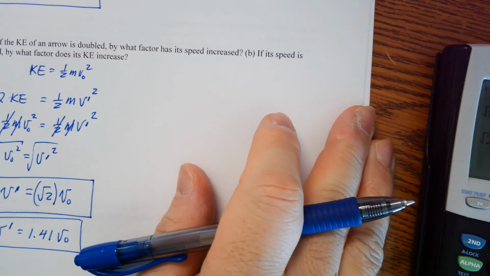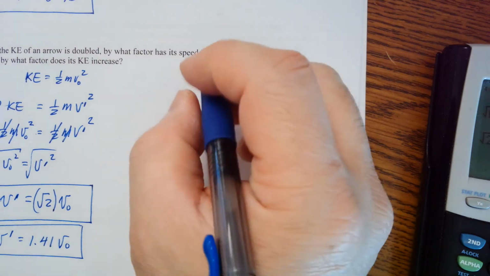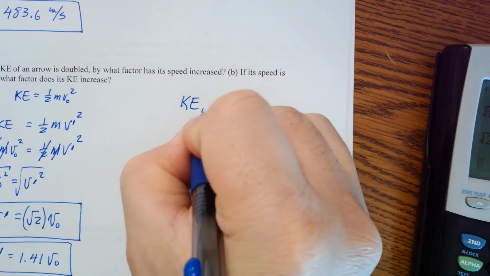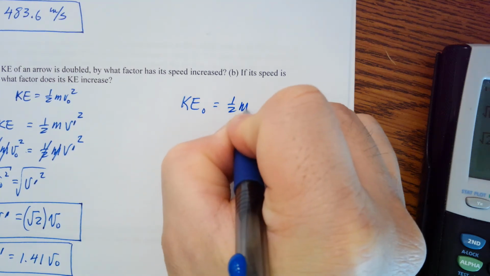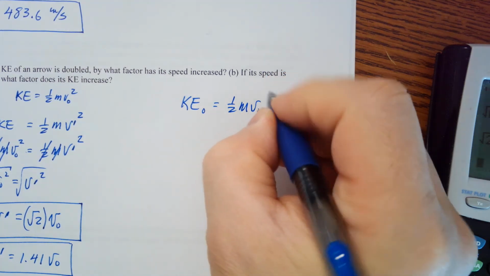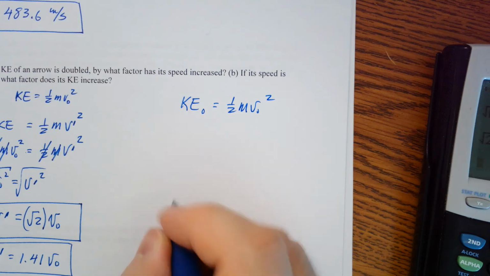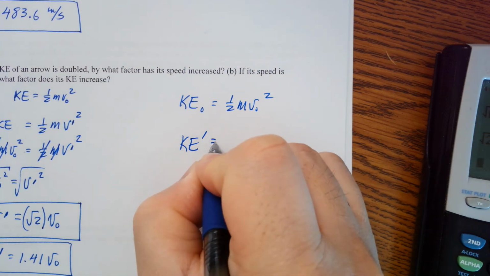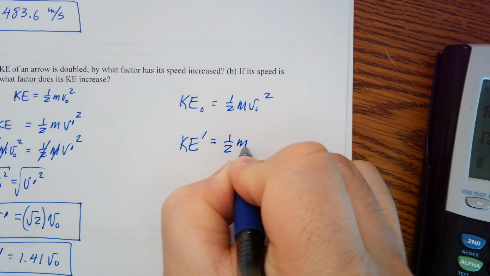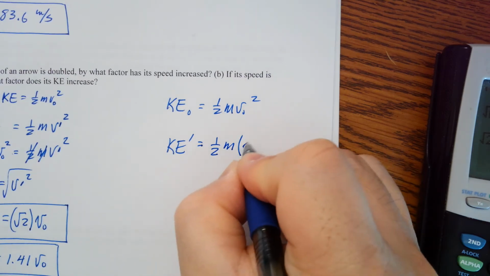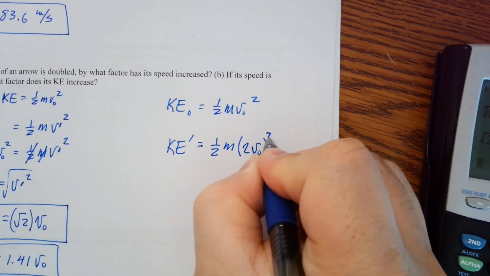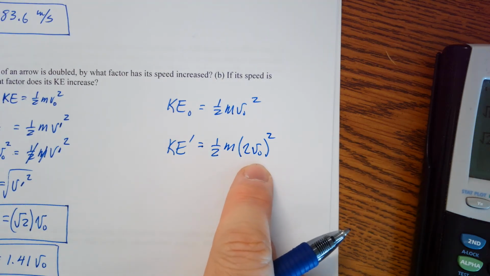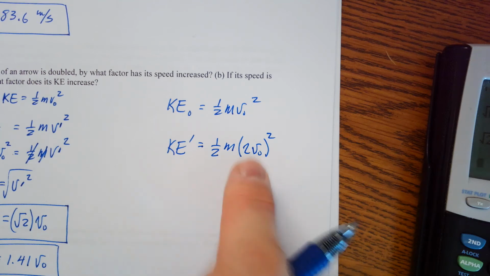So what happens if you double the speed? Let's say we have kinetic energy naught is equal to 1/2 mv naught squared. The new kinetic energy prime is equal to 1/2 times m times (2v naught) quantity squared. So we double the speed basically. So when we double the speed, what happens?